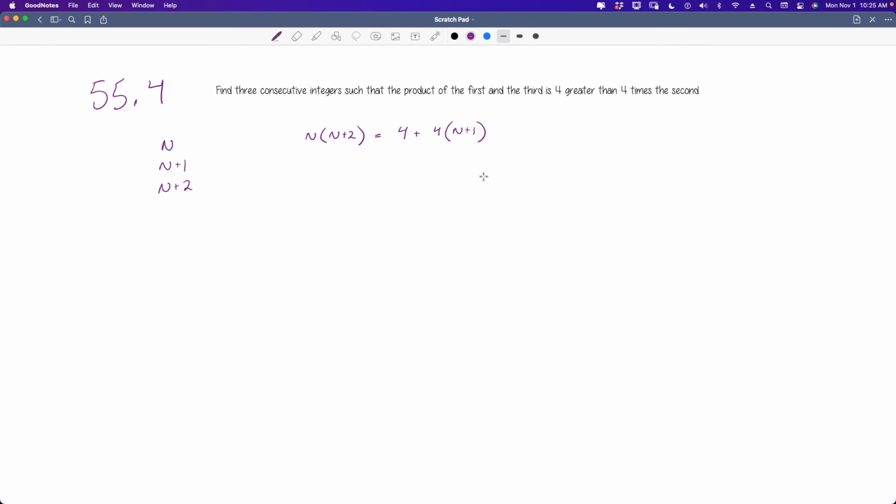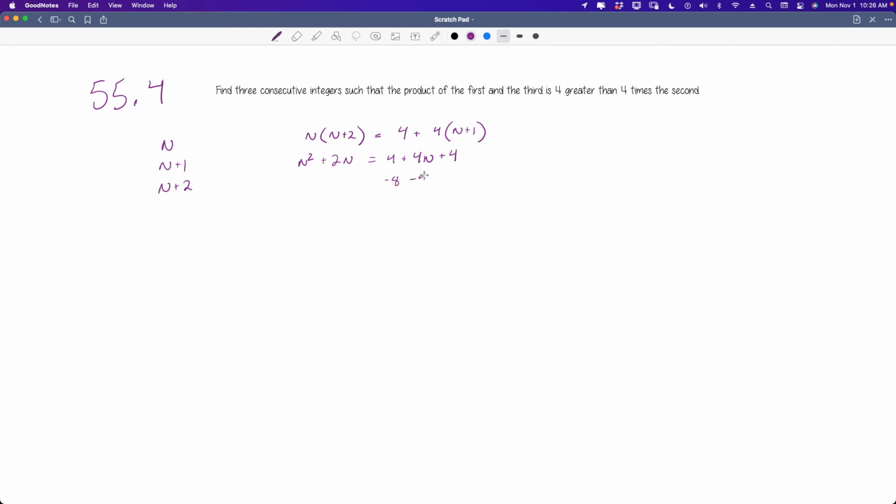Now we solve. And we get n squared for the first time. We haven't seen that before. And then we get plus 2n equals 4 plus 4n plus 4. All right, so now we squish and flip. This is 8, so we're going to subtract 8 from both sides.